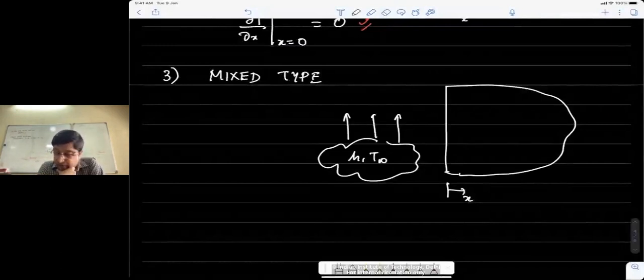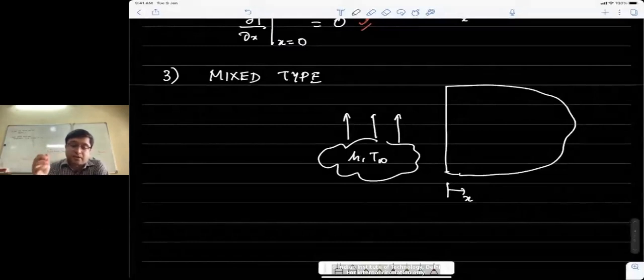So what do we do here? Typically I don't care whether the surface is at a higher or lower temperature than the fluid. I do it purely by following a convention: I attribute heat transfer in the positive x direction to be positive. So flux in the positive x direction is positive, and flux in the negative x direction is negative.